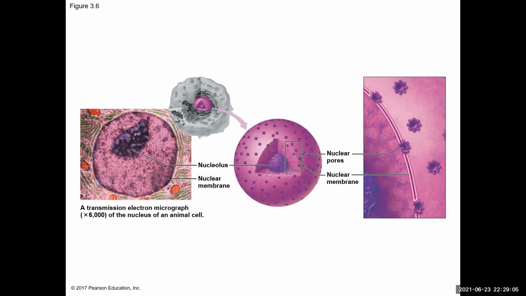So here's an image. We've got a micrograph using a transmission electron microscope. This is a 6,000 times magnification. And this purple area here is the nucleolus. It's at the center of the cell.